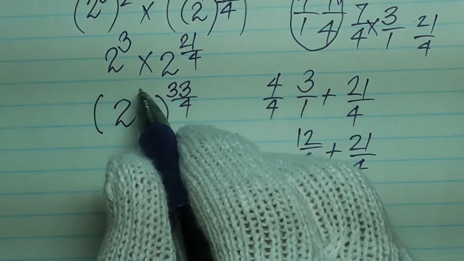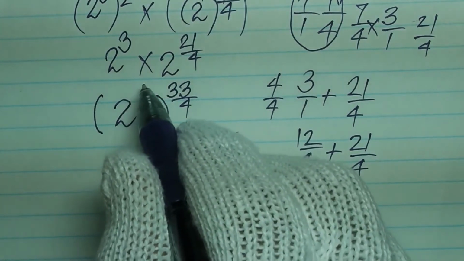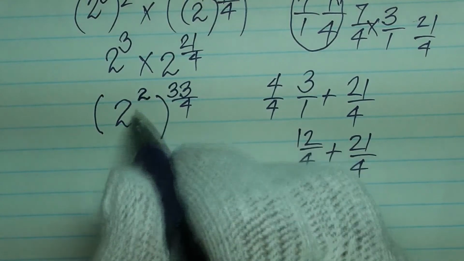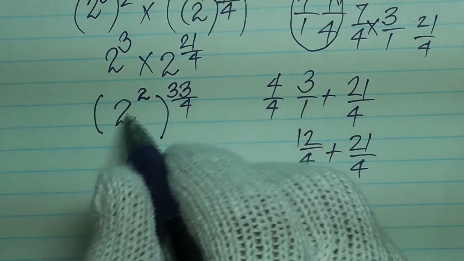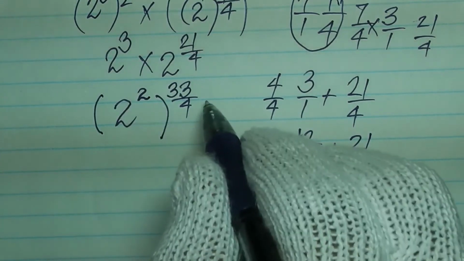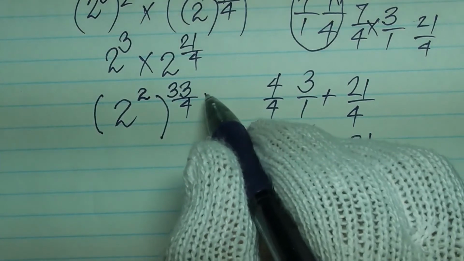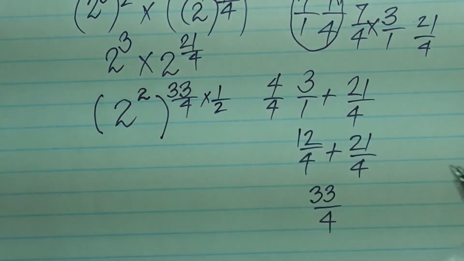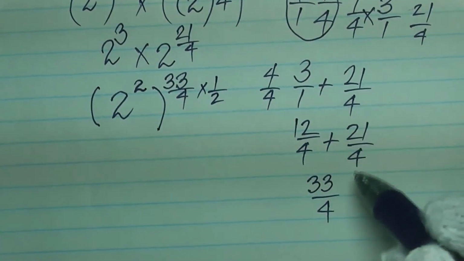Now, here's a little tip. I want this exponent to be 2, because that would give me 4. But if I'm going to multiply by 2, I need to divide out that same 2. So let's see that in slow motion.